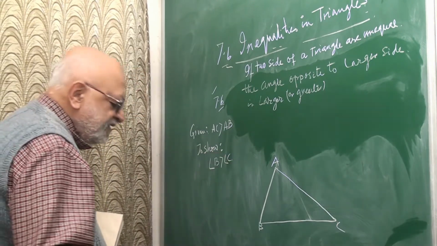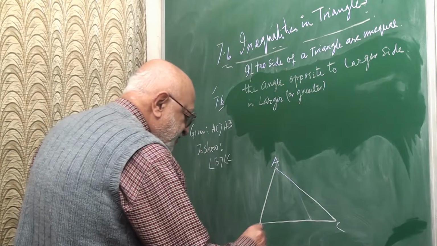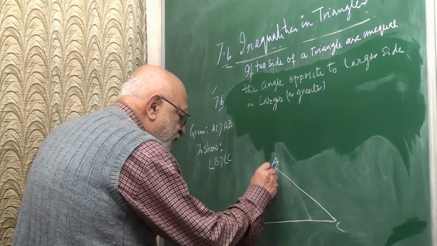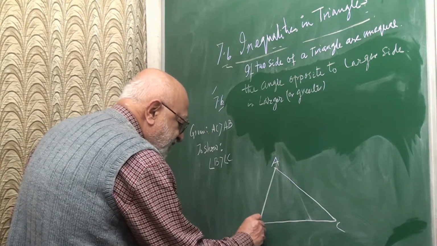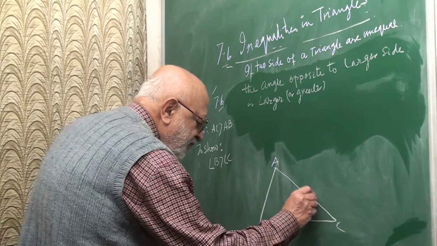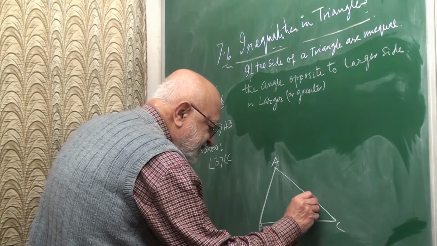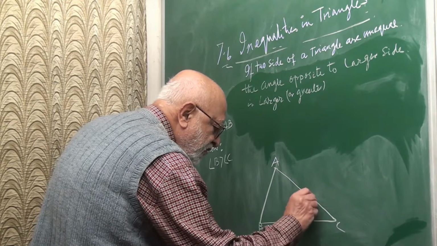Okay, let's use our usual procedure, an established method. From AC, let us take a length equal to AB.